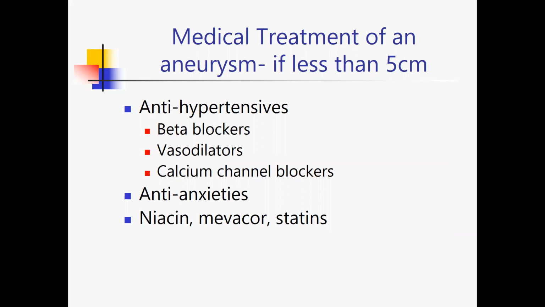If the aneurysm is less than 5 centimeters, whether the client is symptomatic, treatment for this aneurysm depends on the size, less than 5 centimeters. If the client is symptomatic, they need to go be evaluated by a healthcare provider who is a neurovascular physician, because that is who will take care of the aneurysm.